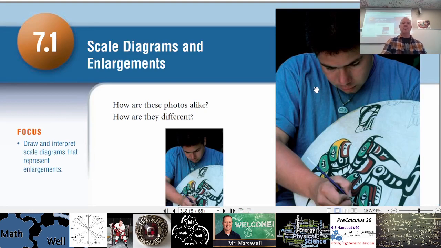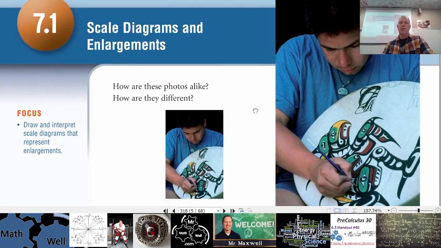Okay, so 7.1. Let's get into 7.1 here, on the second page of your notes. Scale diagrams and enlargements. Look at these two photos you'd see in your textbook, Pearson Math Makes Sense 9, page 316. On this page you see two pictures of a native artist. One is definitely larger than the other, but all of the features and the proportions of those features are similar. The artwork is bigger in the second picture than in the first.